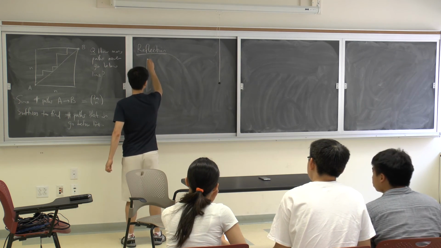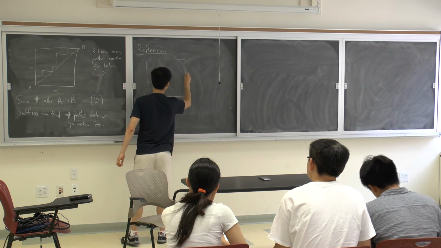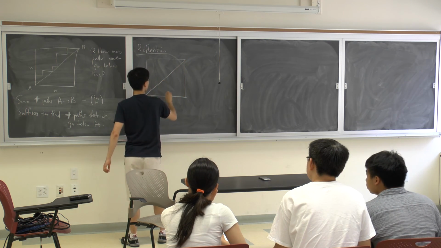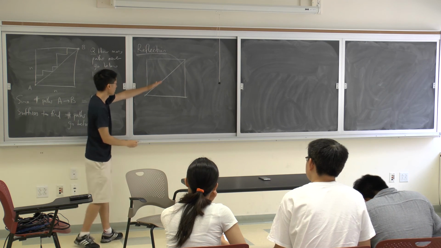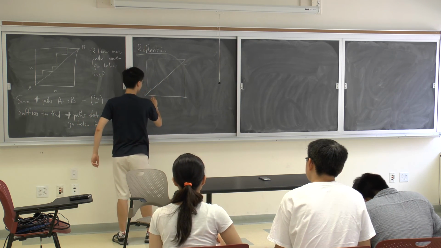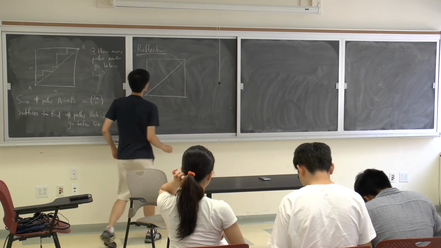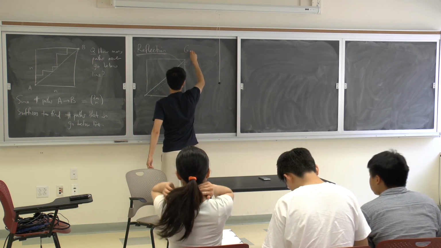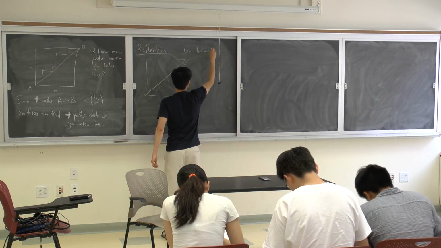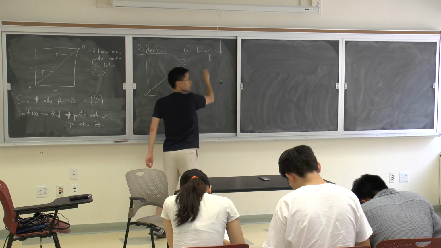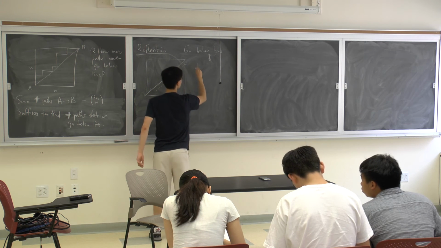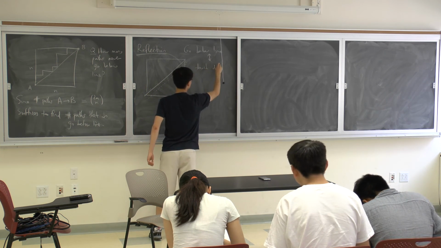So if you're actually going to go below the line, here's your line, and there's something that's exactly one offset below. Like from here and here, like this. So going below the line is exactly the same as touching the dotted line.